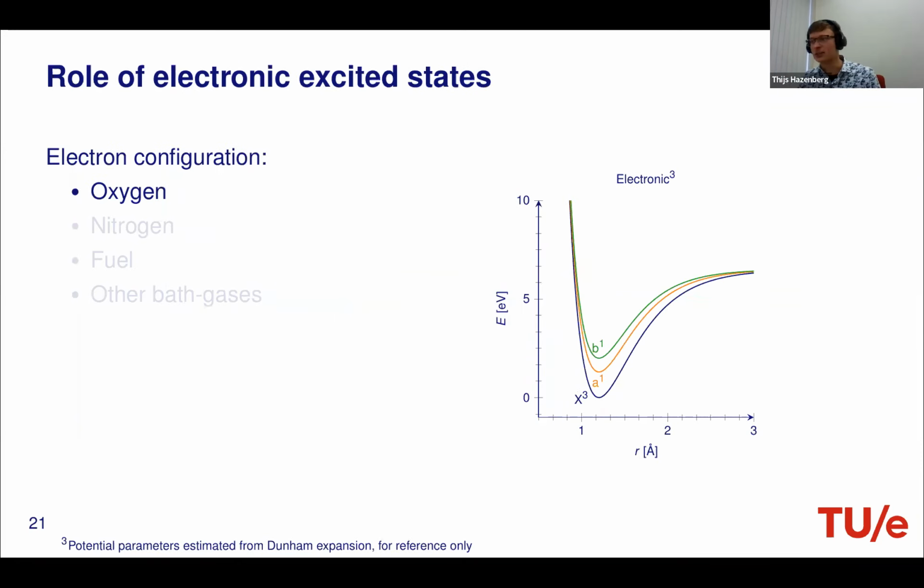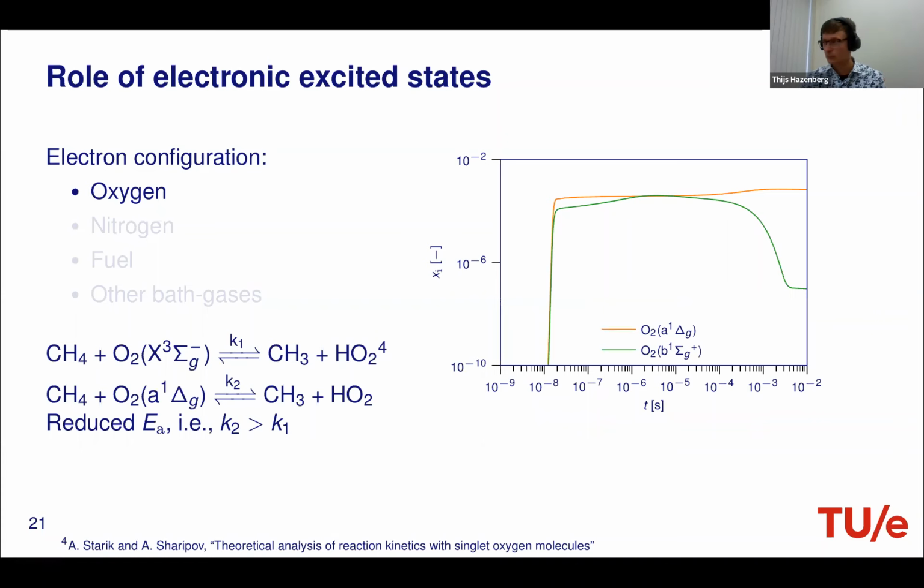The different kind of excitation was the electronic excitation. In the case of oxygen, you have two electronically excited states which are relatively low in energy, which are the a singlet state and the b singlet state. Again, in our plasma, they are produced at a very short time scale, and then they can remain stable for a relatively long duration in a plasma.